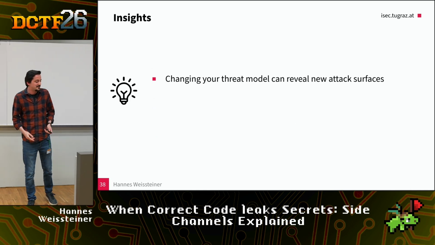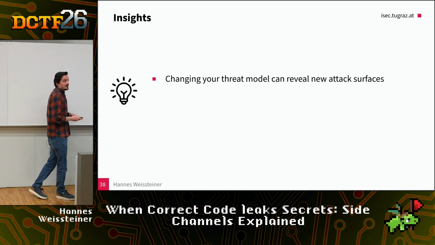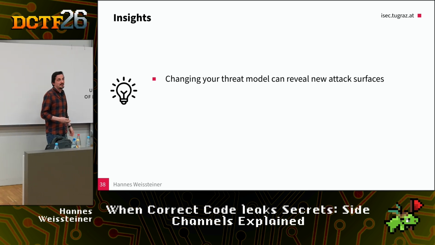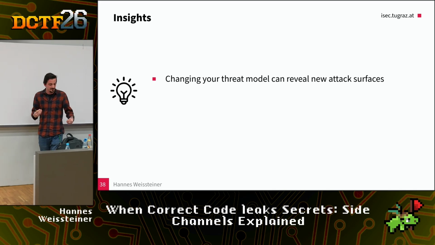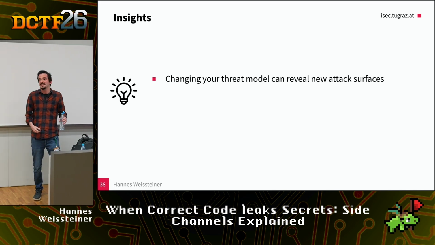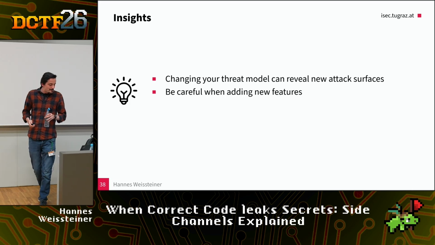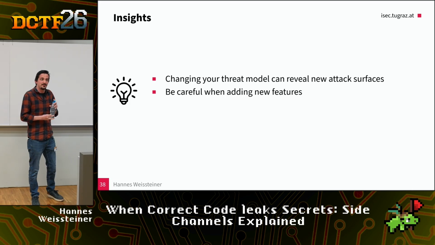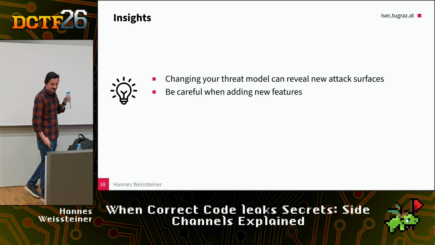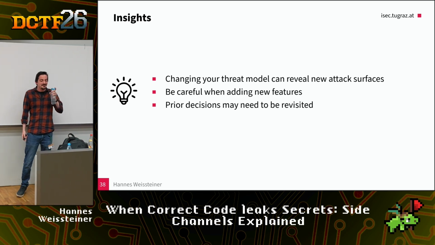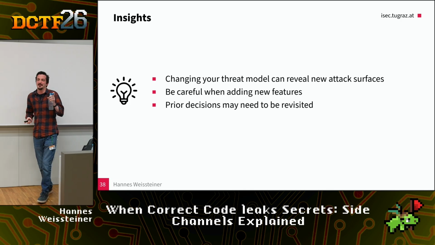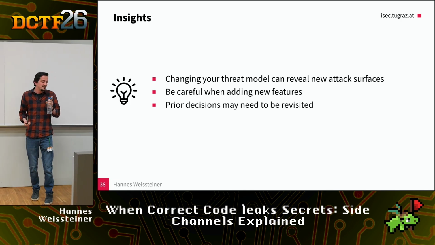And the insight of this is that if you change your threat model, if you now say, okay, now the machine owner is malicious, and that's a valid threat model, suddenly you need to rethink a lot of stuff. You have to be careful then with adding new features, and you need to think about prior decisions that you made. Maybe they are not as valid anymore.